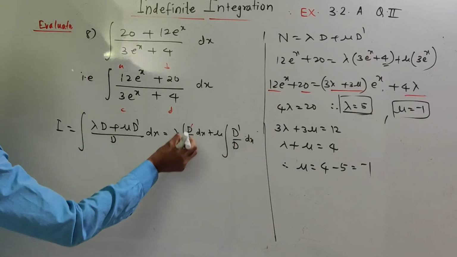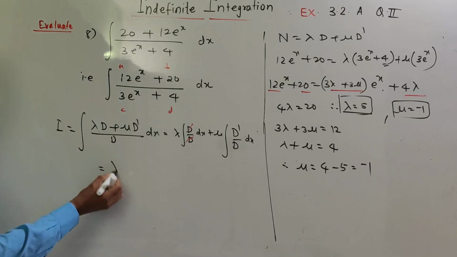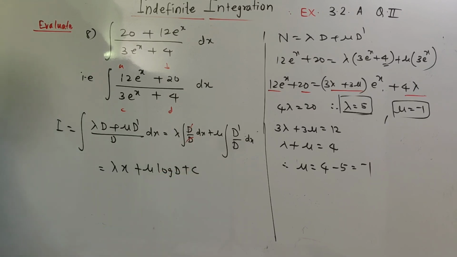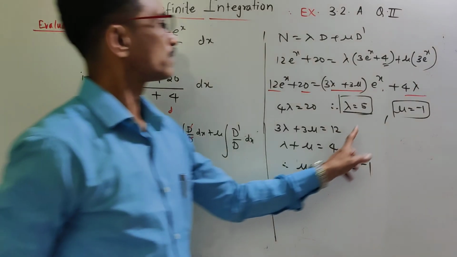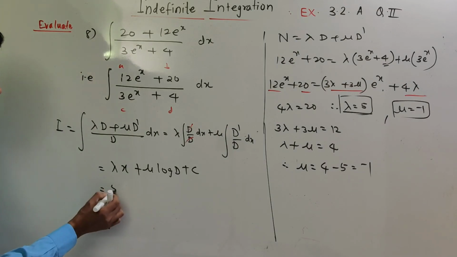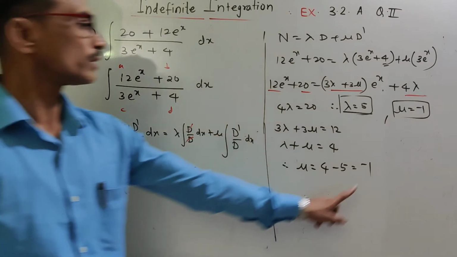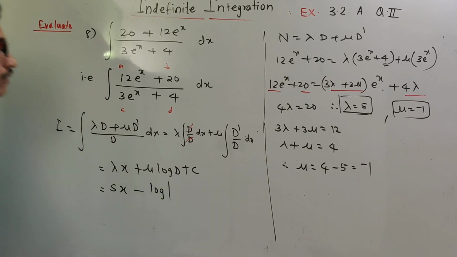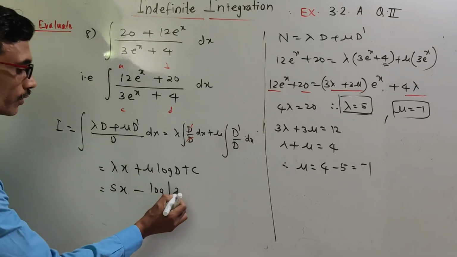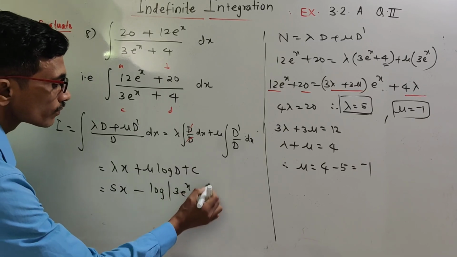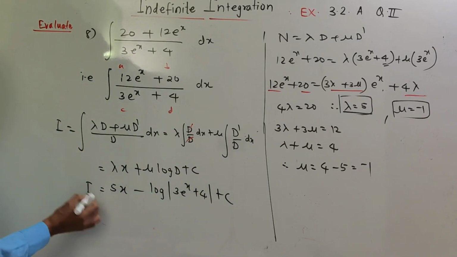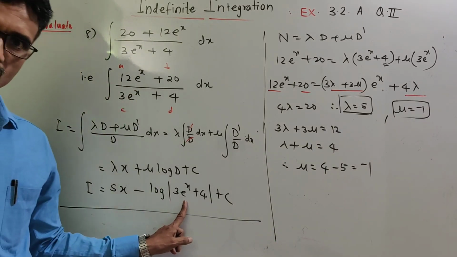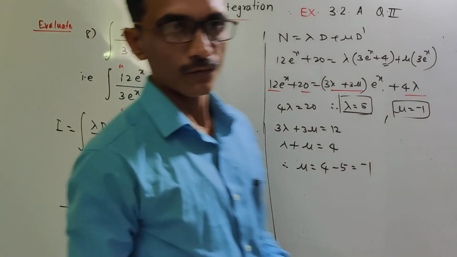Now this d gets cancelled, and it is lambda x plus mu log of d plus c. Lambda is 5x and mu is minus 1, so minus log of d. What is our d? 3 e raised to power x plus 4, plus c, that is the answer. So 5x minus log of 3 e raised to power x plus 4, plus c will be the answer of this question.